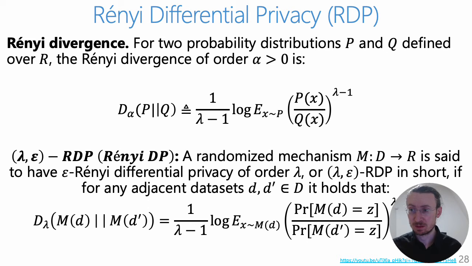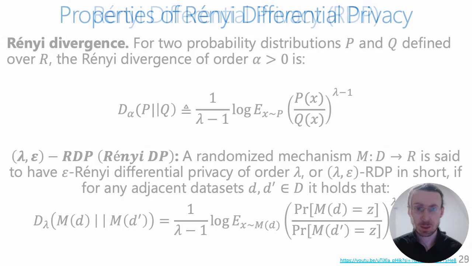Let us interpret the inequality. The mechanism M is said to be epsilon Renyi differentially private for order lambda. Again, here, the privacy loss random variable takes the expectation of the ratio of probabilities raised to the power of lambda minus 1, instead of using directly the ratio of probabilities as in the standard definition of differential privacy.